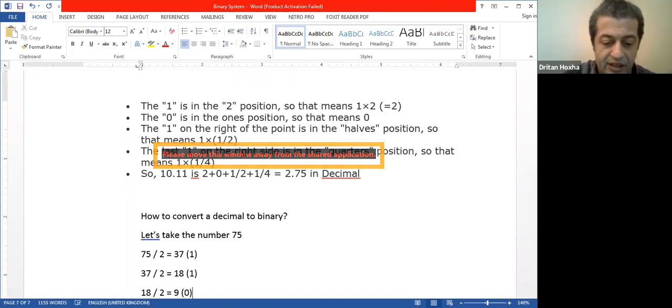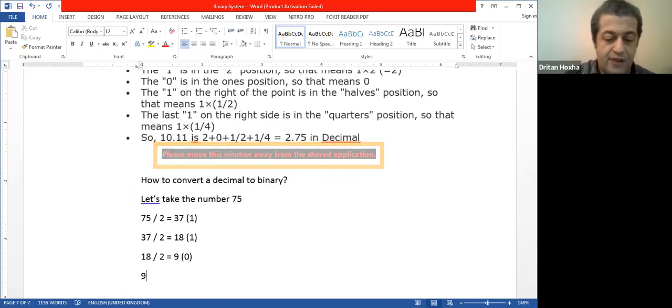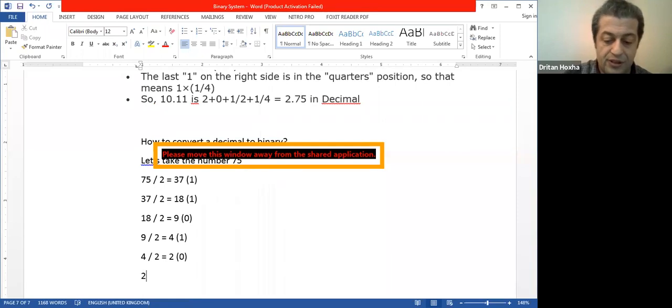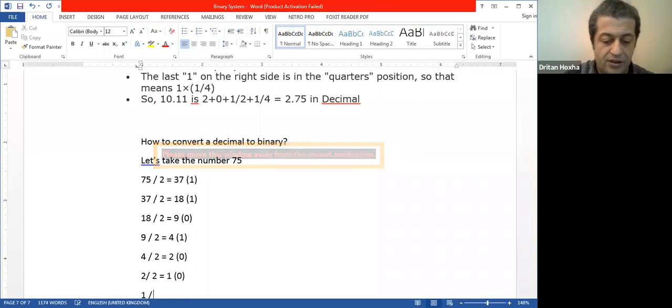The remainder is 0. 9 divided by 2 is equal to 4. The remainder is 1. 4 divided by 2 equals 2, the remainder is 0. 2 divided by 2 gives 1. The remainder is still 0. And 1 divided by 2 equals 0.